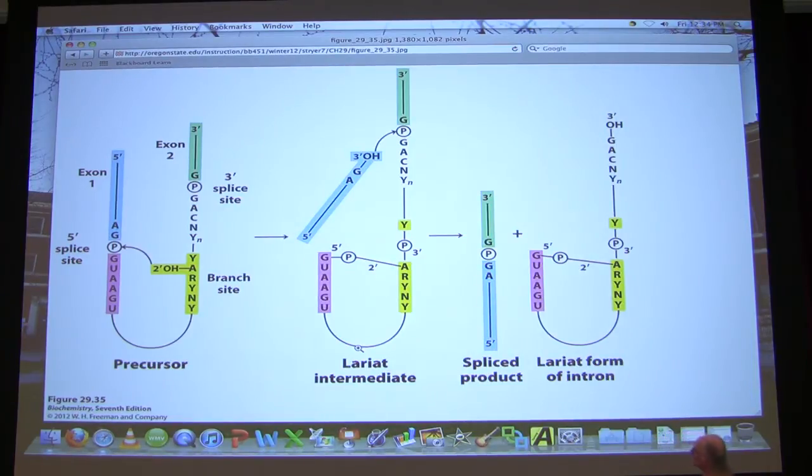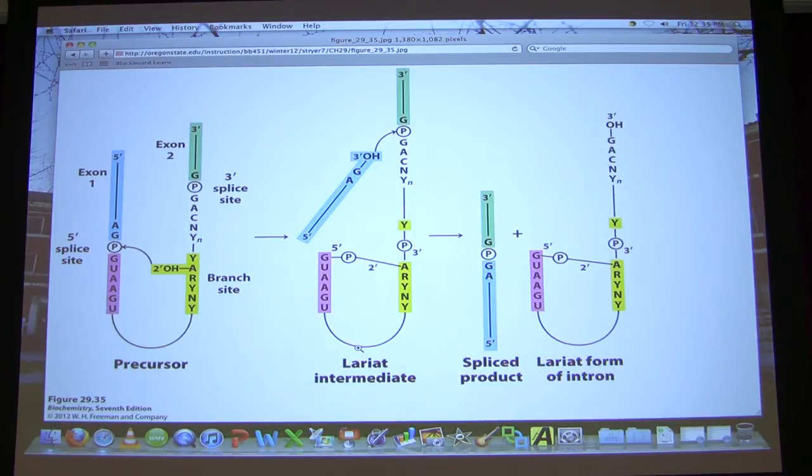That attack results in the formation of a covalent bond between the 5' end and the 2' hydroxyl on that RNA. Now, what we've made in the process of making this covalent bond is something that scientists call a lariat. This looks like a lariat.